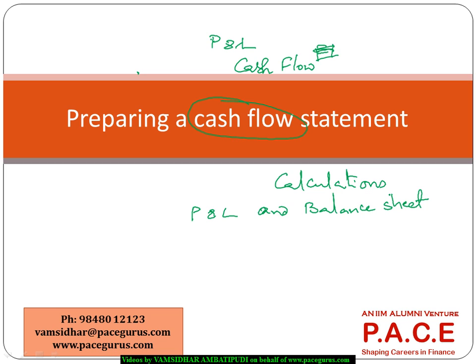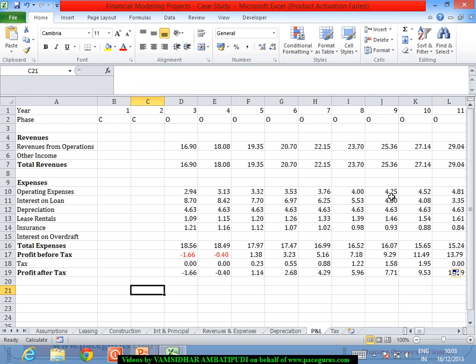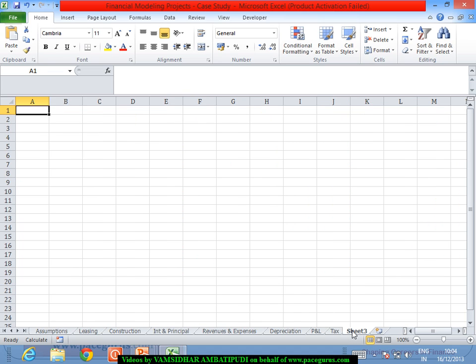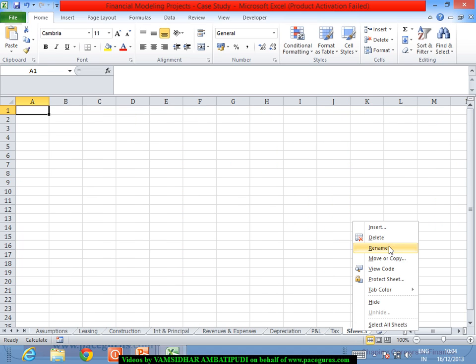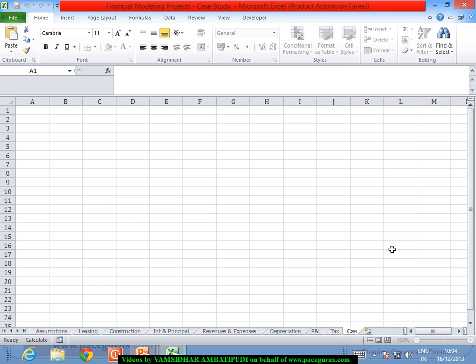So I will be using the P&L as well as the other statements that we have prepared. There is a standard format with which I generally prepare the cash flow statement. What we'll do is create a new sheet and call it cash flow.